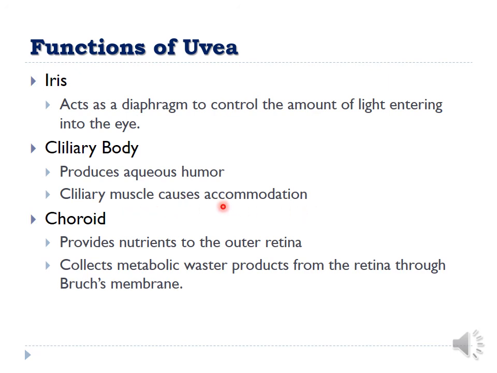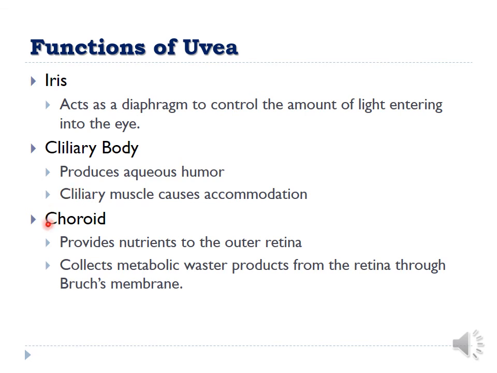We learned about the process of accommodation because the ciliary muscle is connected to the zonules or suspensory ligaments. When the ciliary muscle contracts and relaxes, the suspensory ligaments control the change in power of the crystalline lens. So the ciliary muscle helps with accommodation.